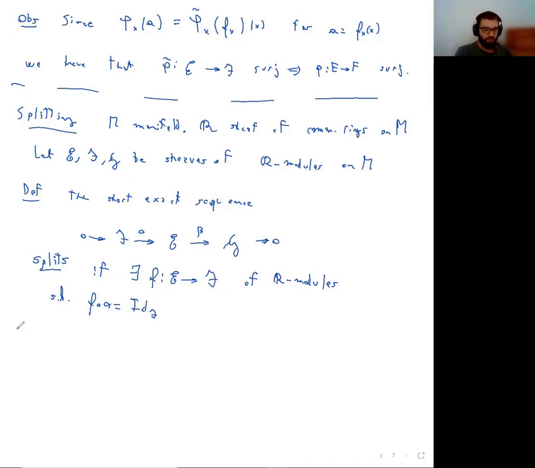And we have a lemma, which is similar to the lemma we had for modules over a ring. So not sheaves of modules, but just modules. And that is the following are equivalent.